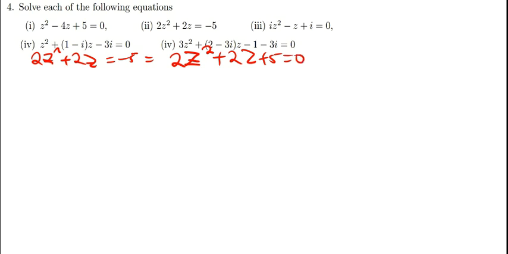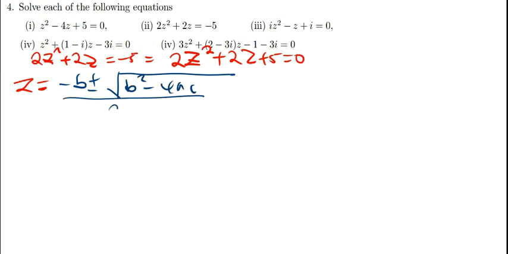Then we use the formula, we end up having z to be equal to negative b plus or minus the square root of b squared minus 4ac, everything divided by 2a. Okay, now let's plug in the values. So what is our b?